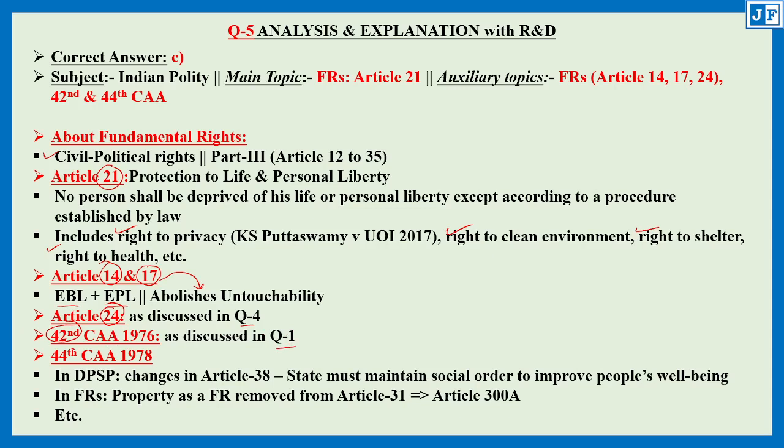In 44th Amendment Act, there were some changes made in the DPSP. Article 38 was redefined as state must maintain social order to improve people's well-being. In fundamental rights, property as a fundamental right was removed and it was added in Article 300A as a legal right. Some other changes were also made.